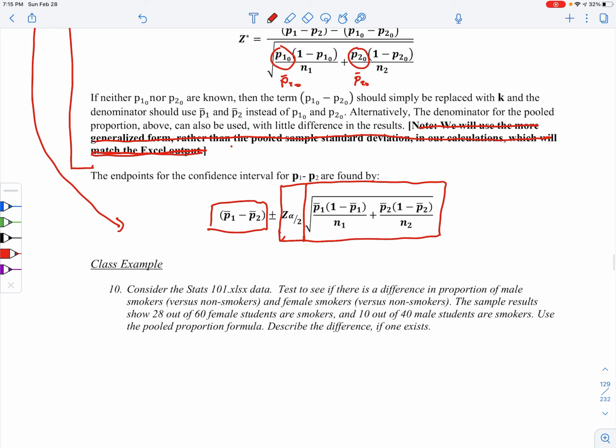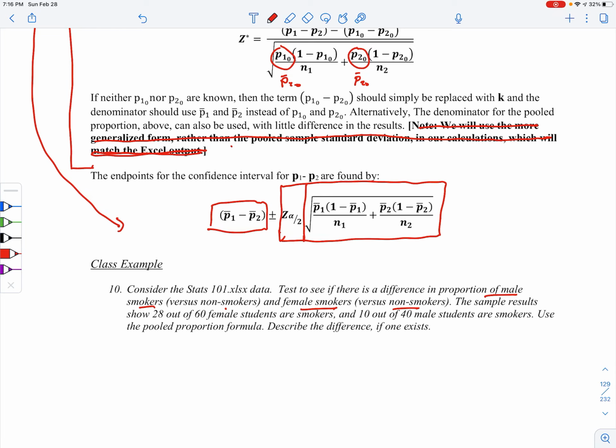All right, let's take a look at the following here. Consider the stats 101 data set and test to see if there's a difference in proportion of male smokers versus non-smokers and female smokers versus non-smokers.